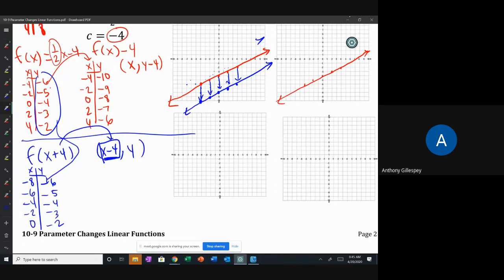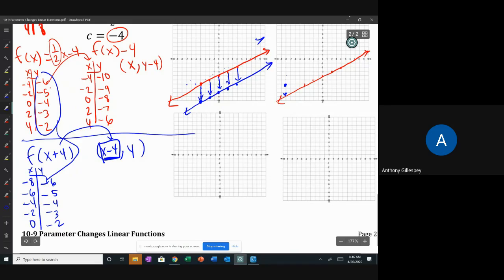-8 is going to become -6. Thank you. You can mute your mic now. -8 becomes 1, 2, 3, 4, 5, 6. Right? Now look, it looks like that point right now is happening like this, right? And it actually is, but it also kind of looks like, no, it actually does, huh? It doesn't, I almost made the mistake. It almost looks like it's moving up and down, but it's not.